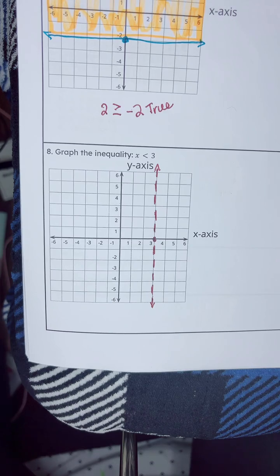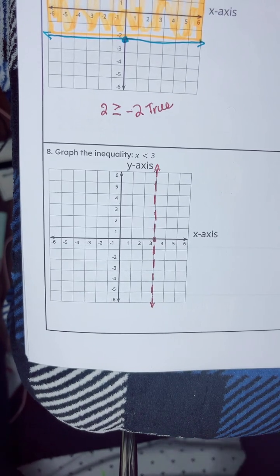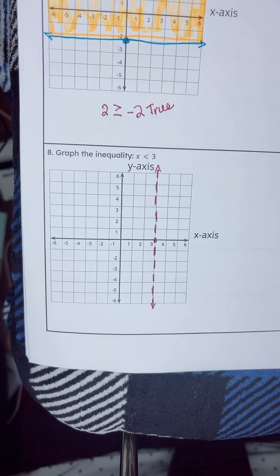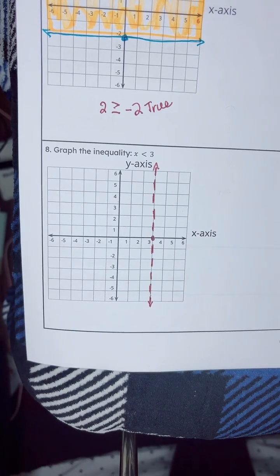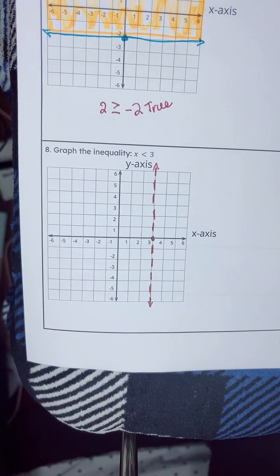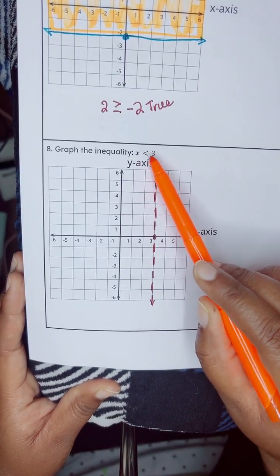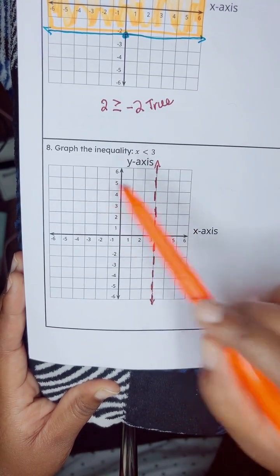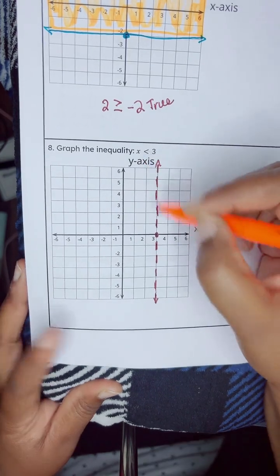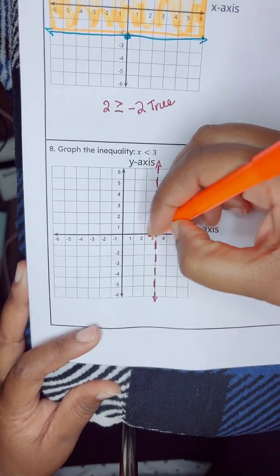Which way are we going to shade? Are we shading left or are we shading right? Oh, I see left, left, left. Good. Now, you can see how this is pointing this way? It's less than, so it's going less.